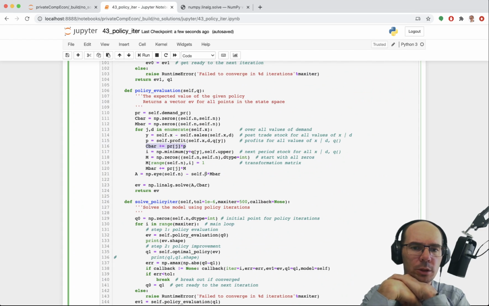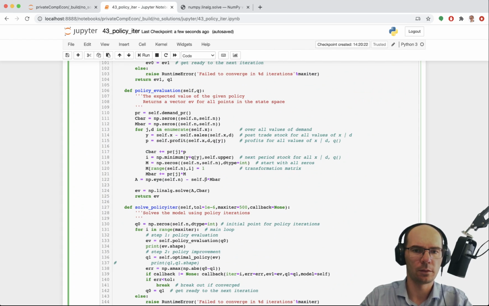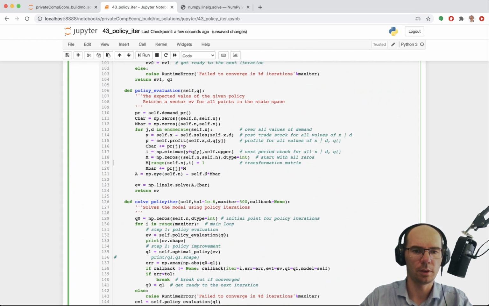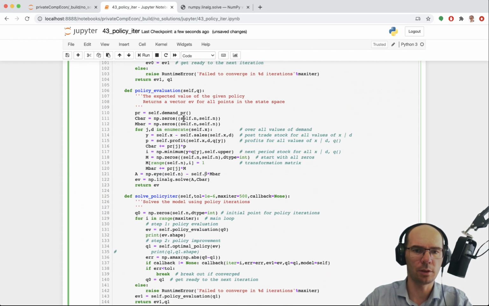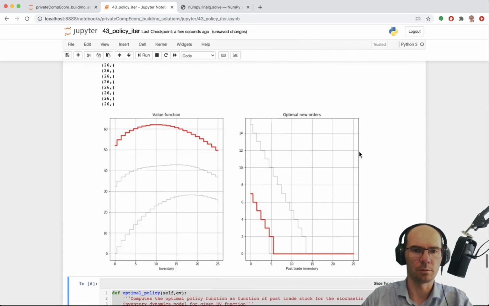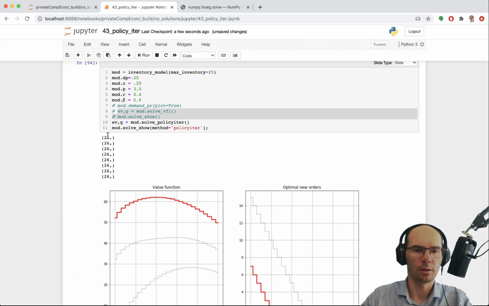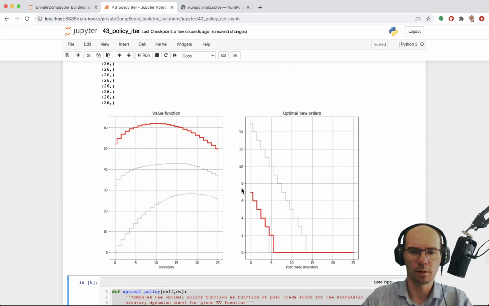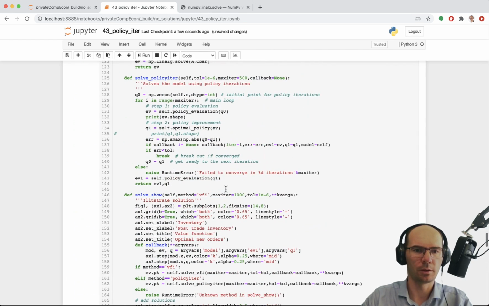Well, that's only possible if P is a matrix. Oh, it's a matrix because I accidentally defined it as a matrix. C bar is just a vector. It's the M bar which is the matrix. How about now? Okay, dimensions are right, and the graphs look okay.